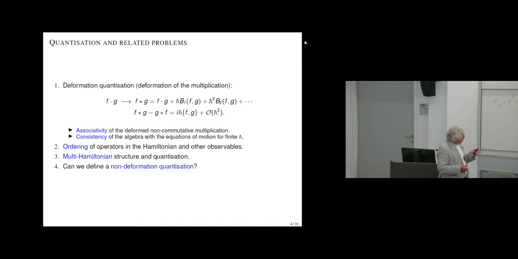That is an issue which needs to be addressed. Another issue, which has not even been resolved up to now, is the ordering of operators. In the classical case, we can write any polynomial in P and Q and not care about the order. In the quantum case, the answer will depend on the order. So what ordering do we have to choose?